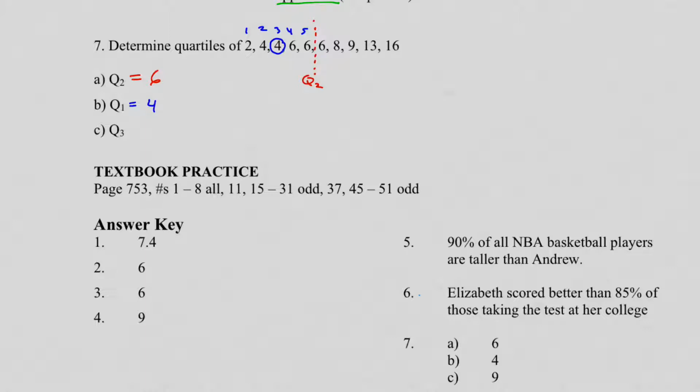And then the median of the second half, as you can see, also has 5 data pieces. So we're going to look at the middle, and that's going to be our Q3. Okay, and that's how you find the quartiles of sets of data.